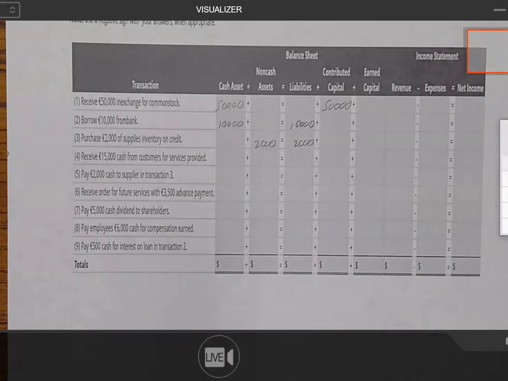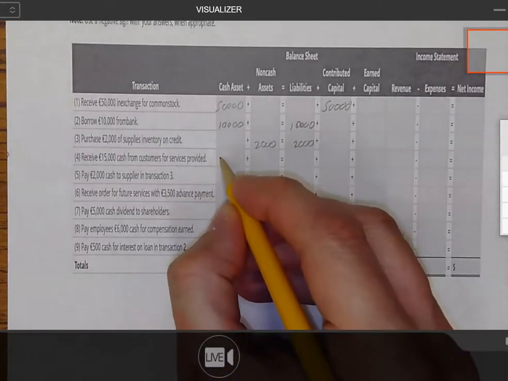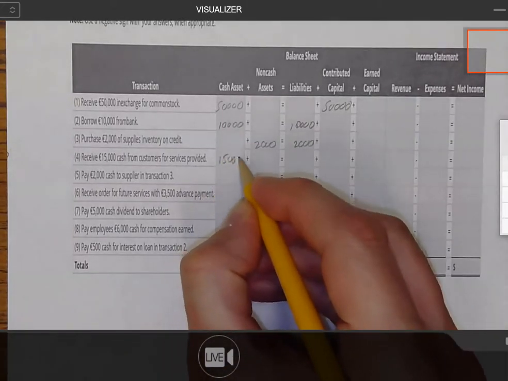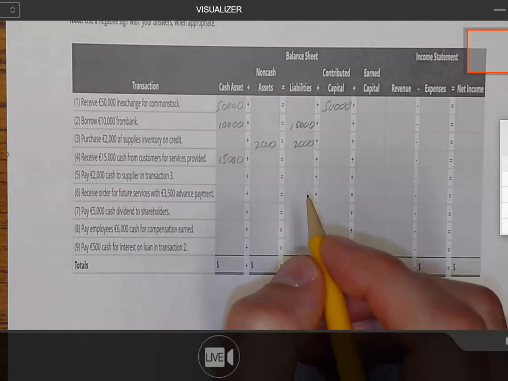So there would actually be no difference in how we would record this under either the accrual basis of accounting or the cash basis. The treatment would be the exact same. Okay, but the more of these little details that you can learn, the better off you're going to be. So we got 15,000, so we're going to plot $15,000. Okay.